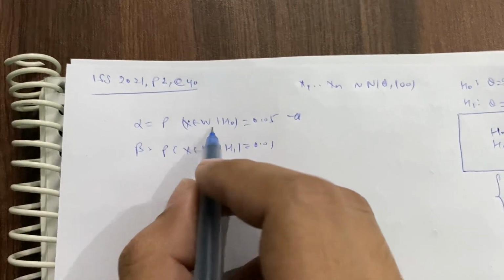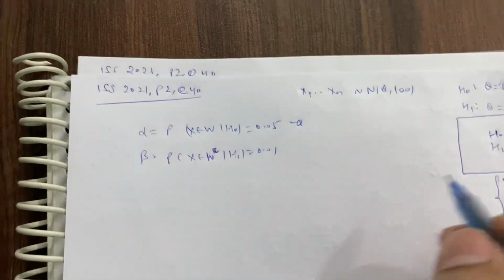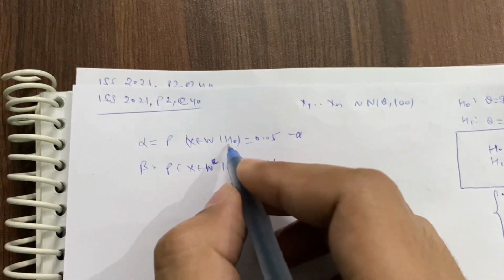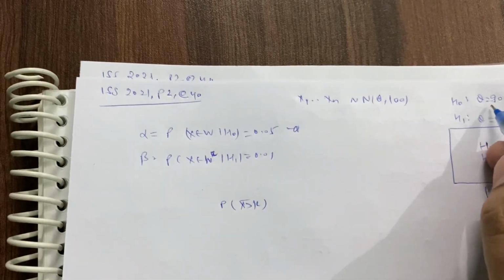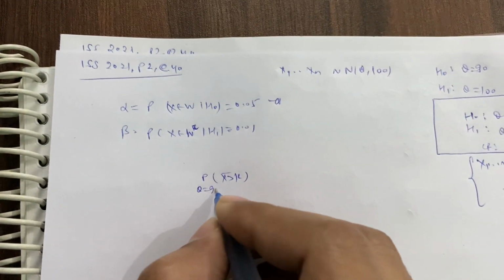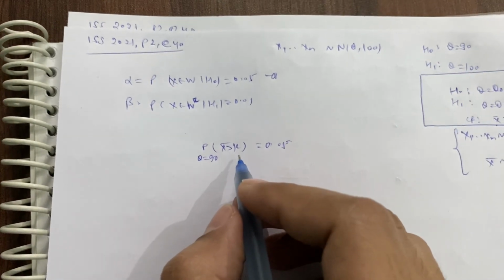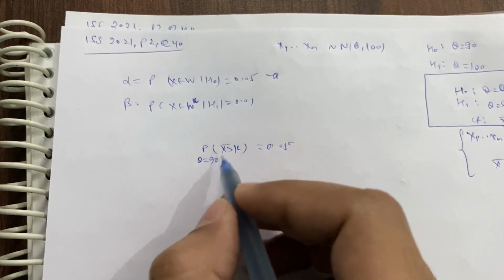So x belongs to omega, the critical region x bar greater than k, means the probability that x bar is greater than k under H0, when theta is equal to 90, is given as 0.05. To determine the value of k, we need to find the distribution of x bar.